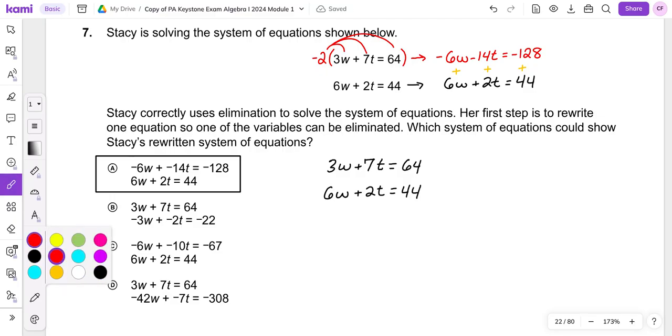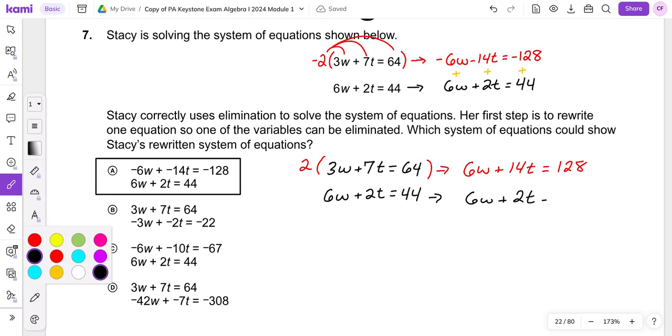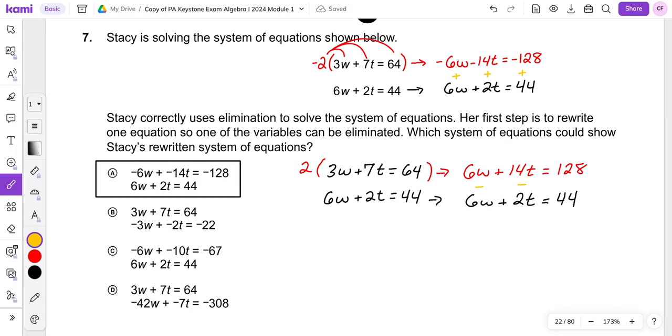Instead of multiplying by negative 2, you can multiply by a positive 2, which would give us 6w plus 14t equals 128. The bottom one would stay the same: 6w plus 2t equals 44. But instead of adding the two equations to solve it this way, we would have to subtract them.